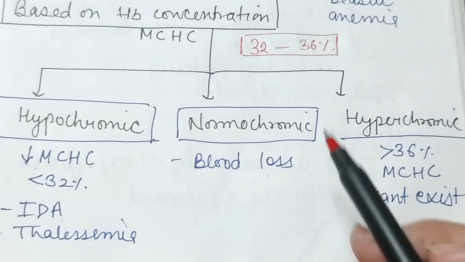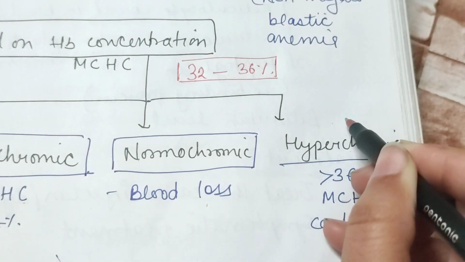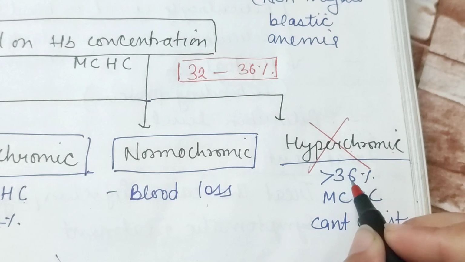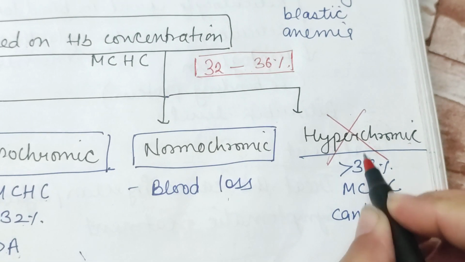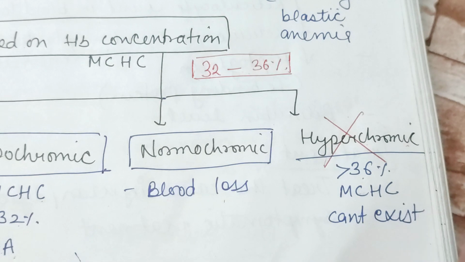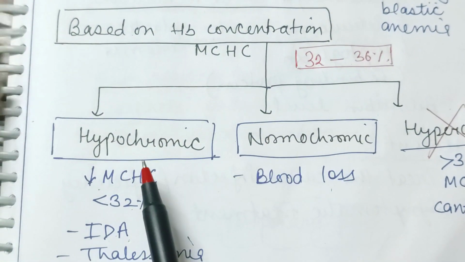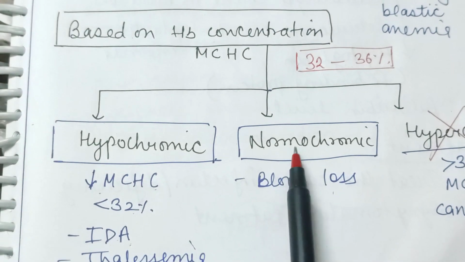Okay, when we talk about more than 36%, this hyperchromic picture we can't have. Why? Because more than that amount of hemoglobin cannot be accommodated in 1 RBC. So this is not possible. So based on hemoglobin concentration, we have only 2 types, hypochromic and normochromic.